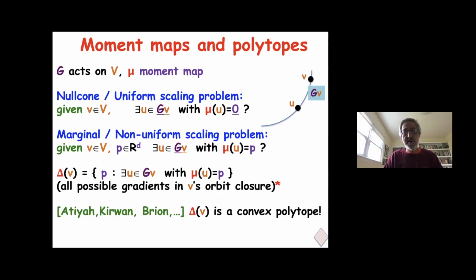This work arose in several contexts, and it's true in vast generality, in all the generality we need for this work, all these group actions. It's always a convex polytope. To me, this is absolutely amazing.